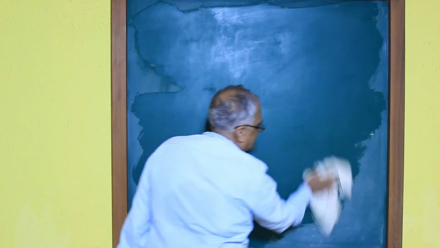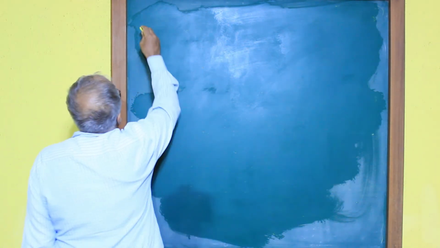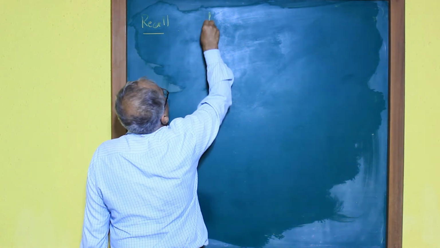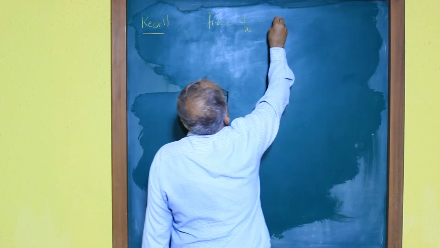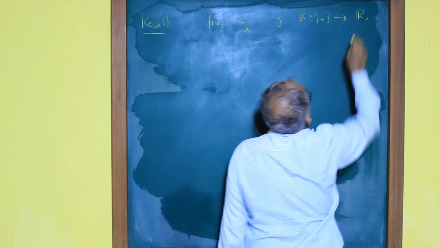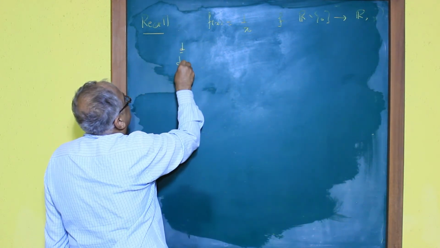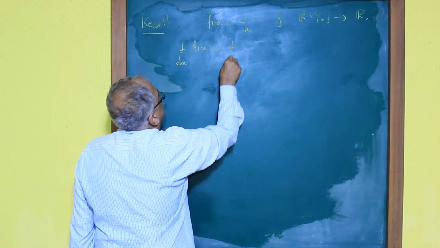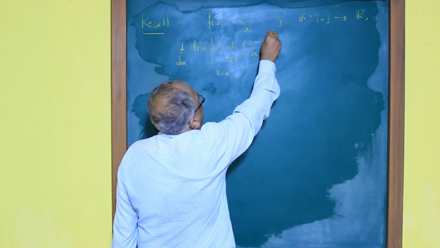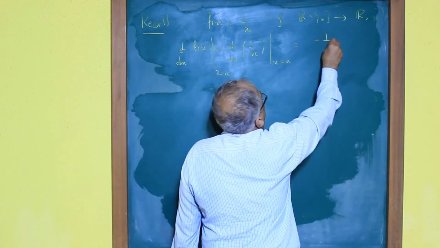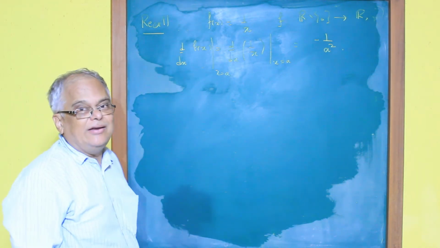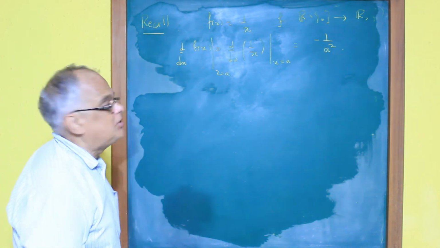Then, we have all learned a long time ago that, recall, if f of x is equal to 1 by x, f is from R minus 0 to R, then d/dx of f of x, which is d/dx of 1 by x, evaluated at x equal to a, is minus 1 over a squared. a is in R minus 0. d/dx of 1 by x is minus 1 by x squared. So this is something all of us knew a long time ago.